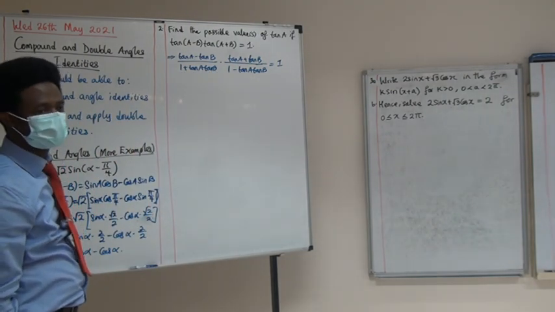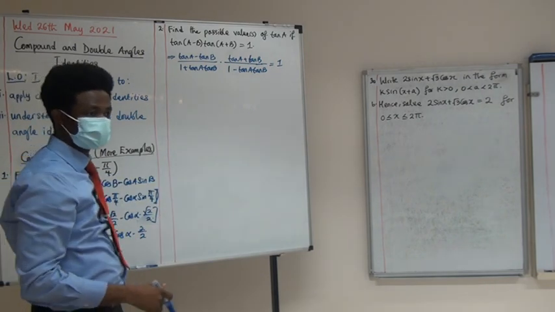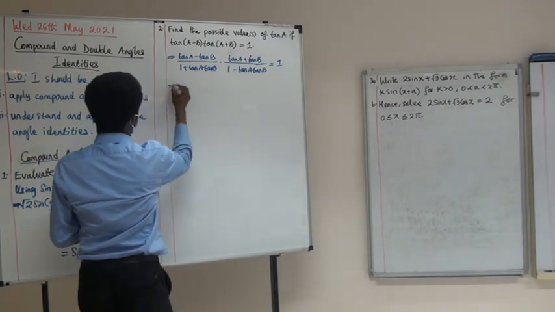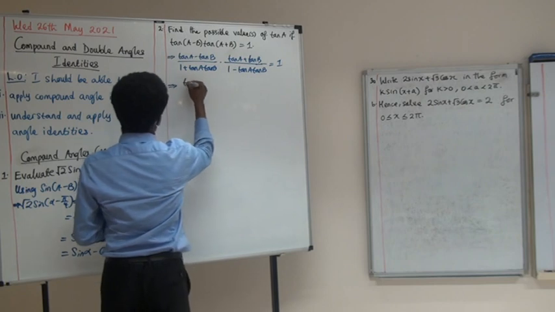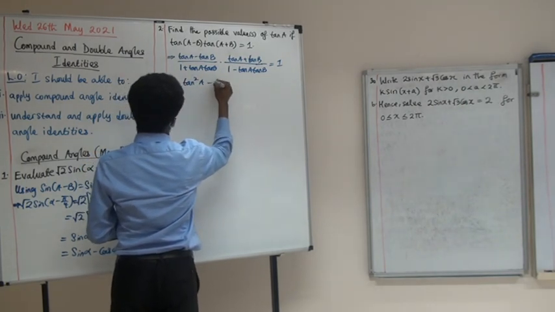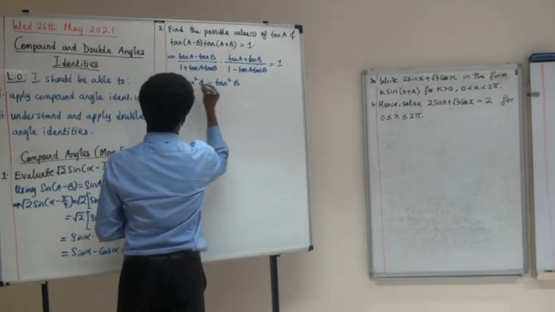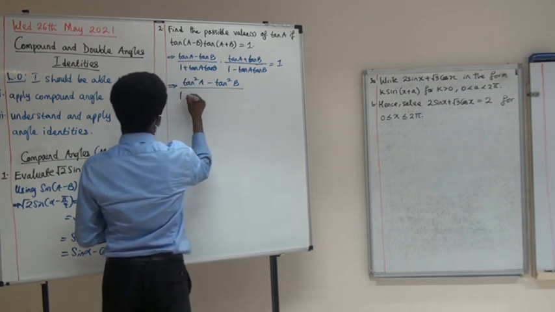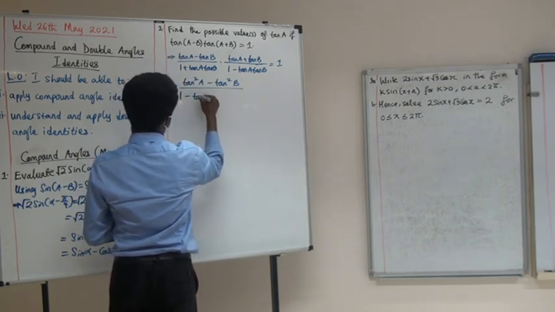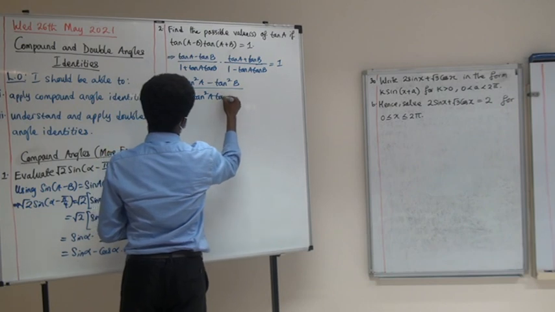Both numerator and denominator are a difference of two squares. So that gives you tan squared A minus tan squared B over 1 minus tan squared A tan squared B. Exactly.